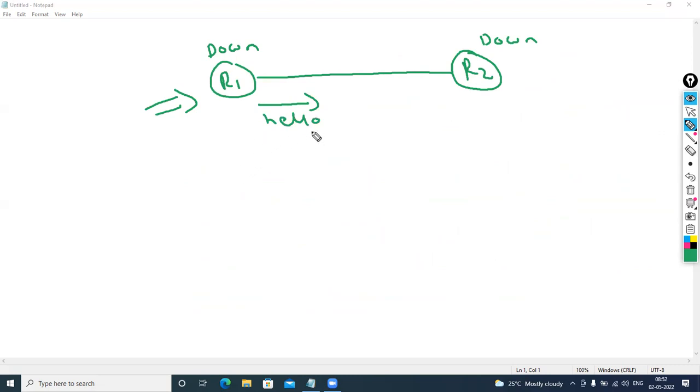One-way hello is sent; this we call init. Now, for a hello, do we get an acknowledgement back? Why? It's not a reliable packet. Good. When both sides send the hello packet, this state we call two-way.